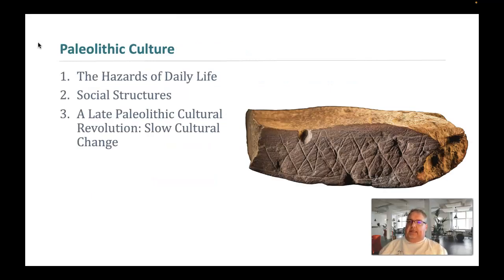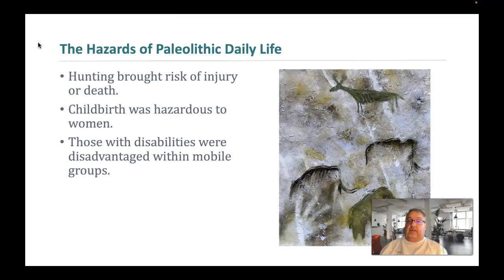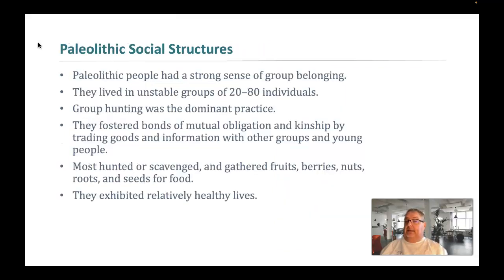And so you'll read about some of those things. But eventually we're going to move out of being Paleolithic, and we're going to start moving out of Paleolithic times into Neolithic times, okay? One of the big things that you also need to understand, if you were living at this time, you would be a hunter and gatherer. These things all are part of what hunting and gathering is, okay?